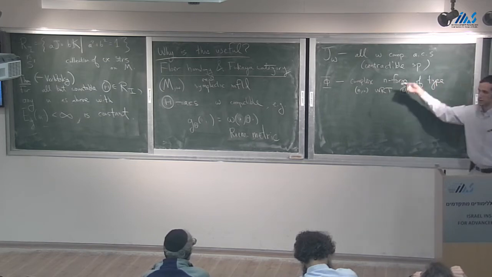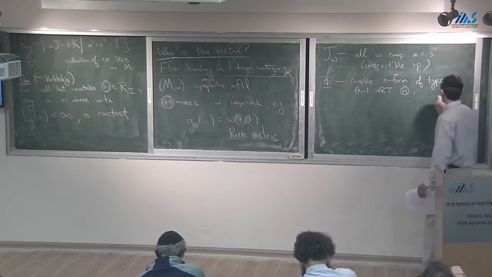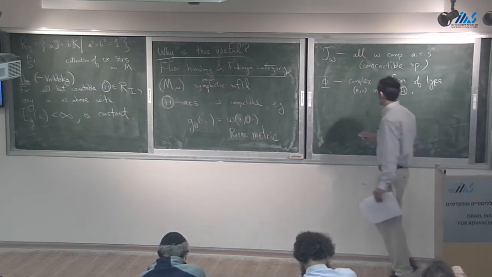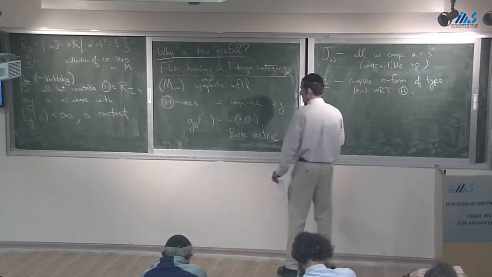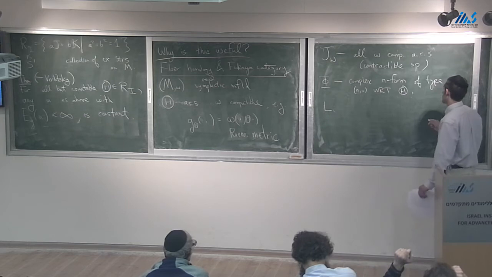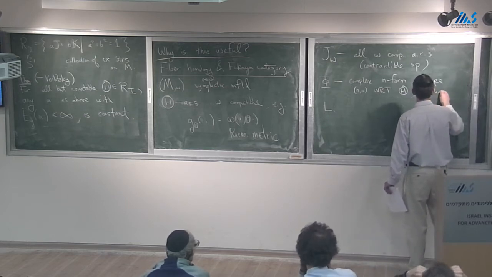So this is essentially some kind of Calabi-Yau condition, but I'm not assuming that it actually has some kind of Calabi-Yau metric or anything like that. Now, we can look at L. It's non-vanishing, thanks.